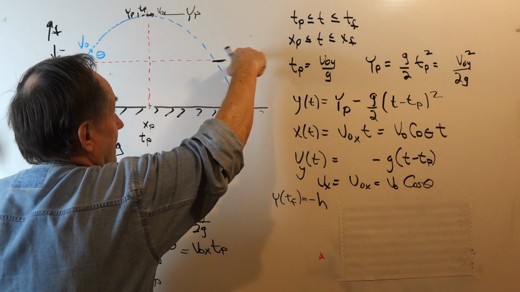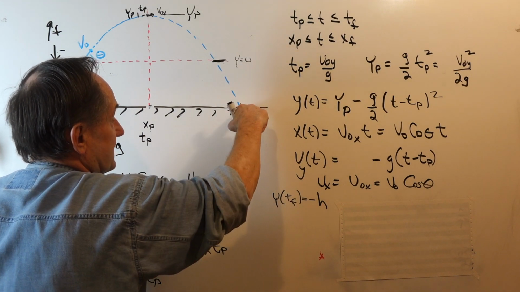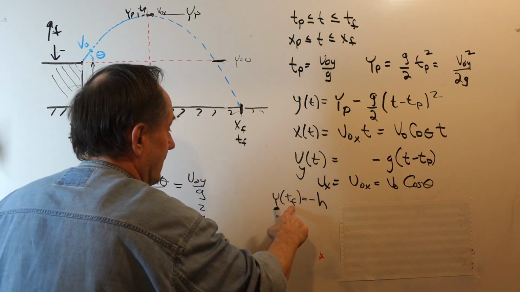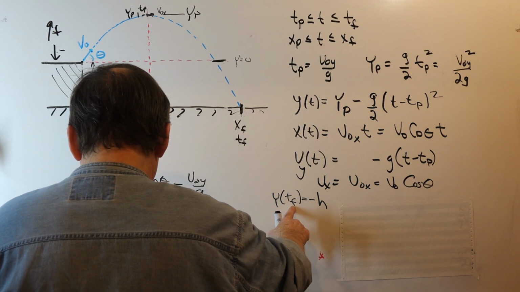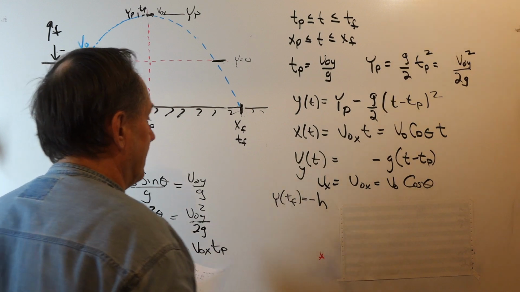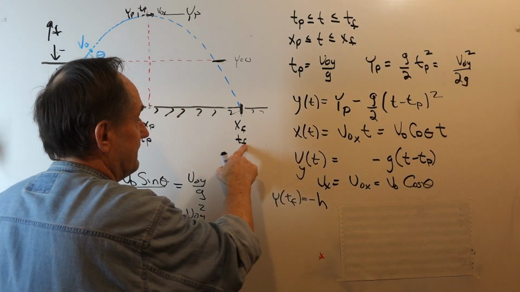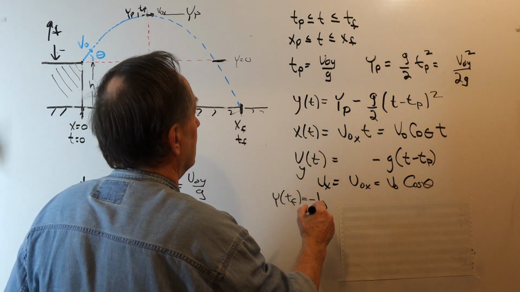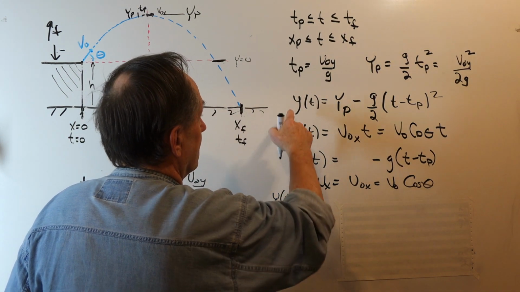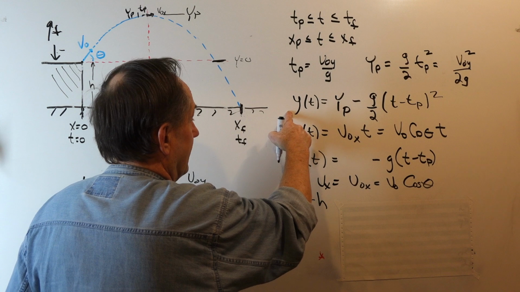So if this is y equals 0, this is in the negative y direction. So the final position in the y direction is minus h. And that happens at time equals t final.